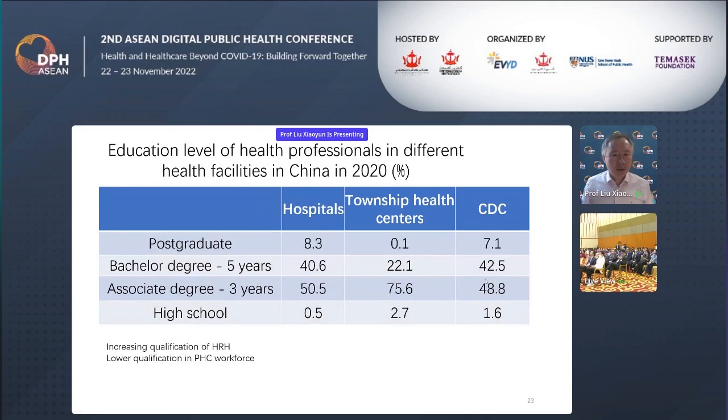Education level of the health professionals also increased significantly. We can see from this table briefly, the major problem is in the rural township health centers. The majority of the health professionals in the rural primary care settings had only 3 years of medical education, associate degree level. Only 20% of them have university education.